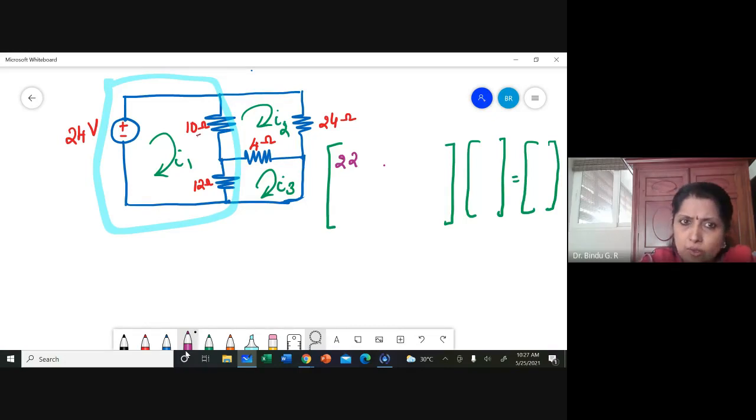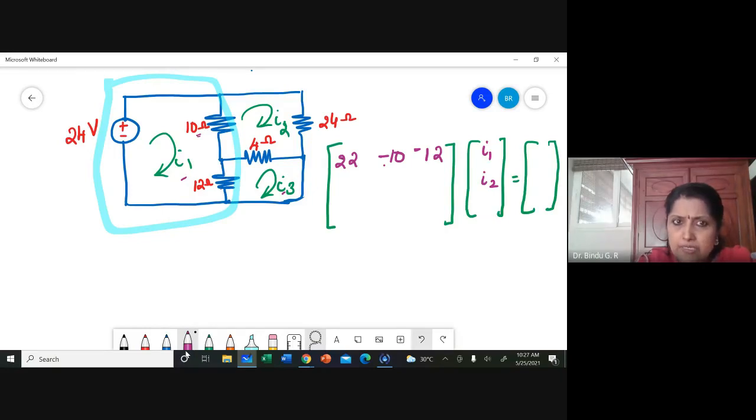Here you have only 10 with the negative sign, because I1 and I2 are in the opposite direction while passing through the 10 ohm. Then 1, 3. The only element is 12. Again, I'll put a negative sign. This is I1, I2, I3. I hope this much is clear.